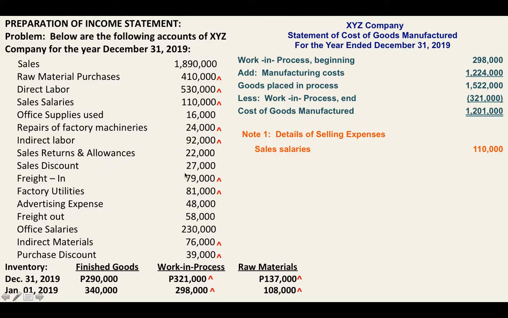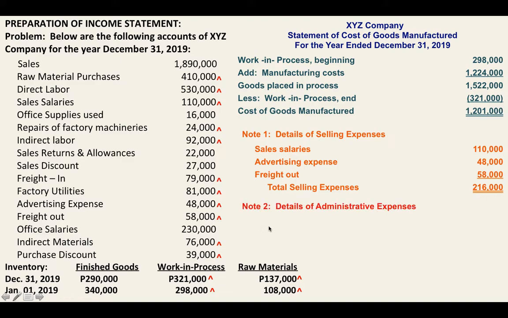Sales return and sales discount are not included in selling expenses because they will be deducted from sales. Advertising, 48,000, is part of the selling expenses. Freight out is a selling expense, so you have to add that. There is none anymore, so the total selling expenses is 216,000.